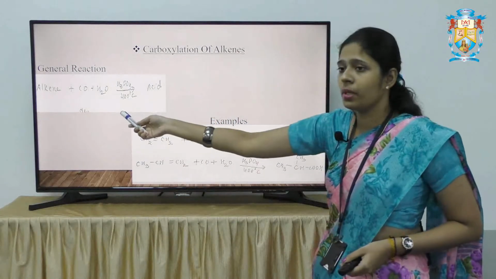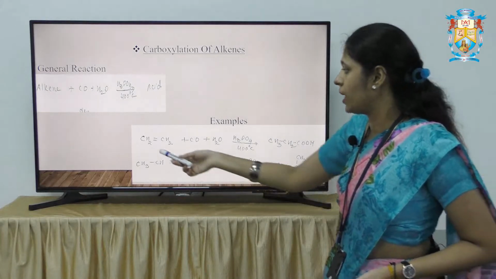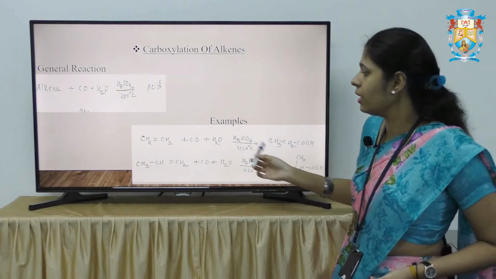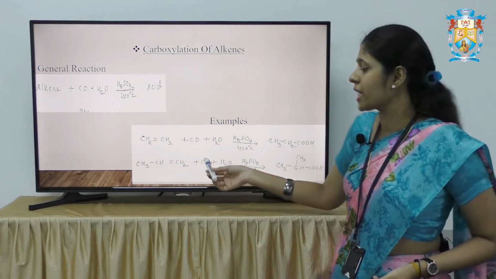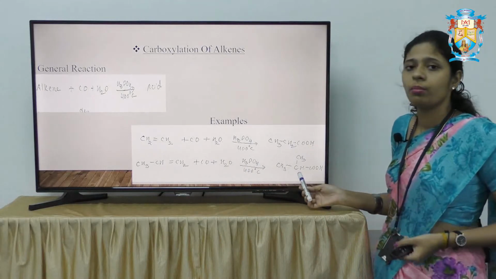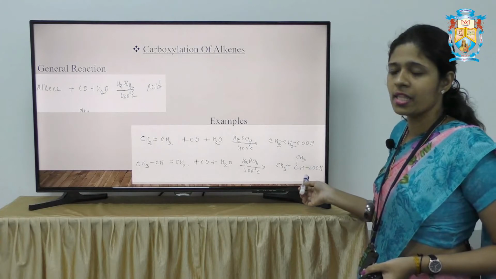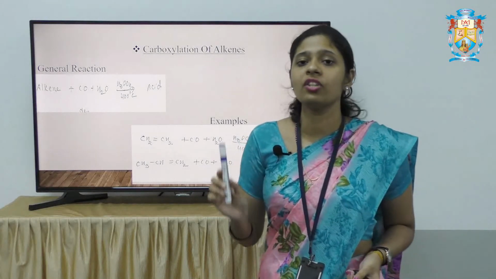This is the general reaction, and this is the example in which you have the alkene, that is ethene, getting converted to a propanoic acid, and the second example in which we have the propene, which is getting converted into a butanoic acid. So this is an isobutanoic acid in which there are 4 carbons, and in the reactant you have only 3 carbons.